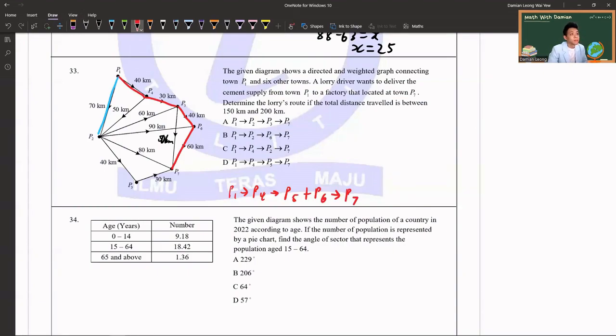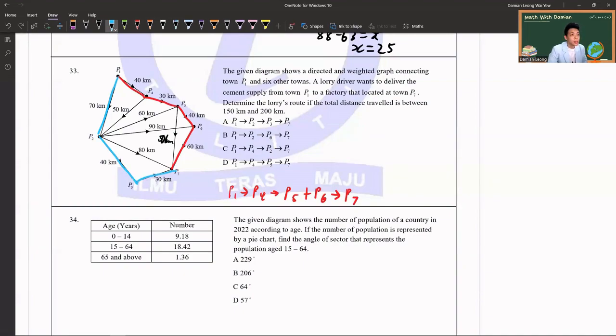So we look again. What are the pathways I can get? If I go here and then here, P1, P2, P7, which is not an option at all. That gives us 150, not exactly in between.